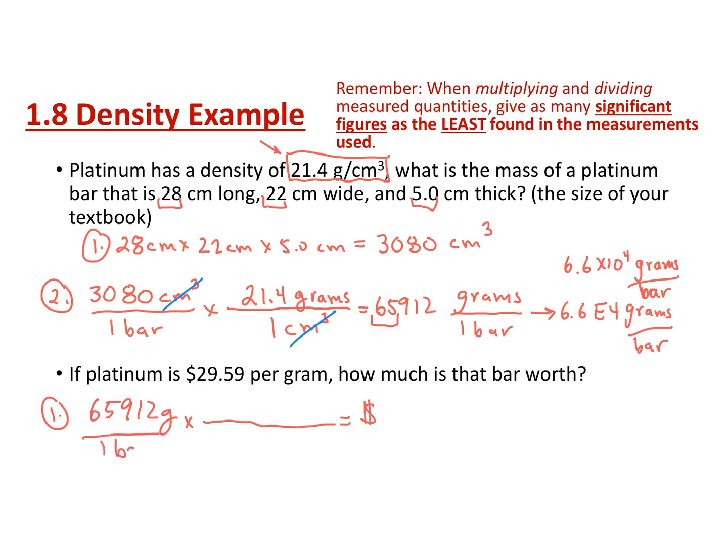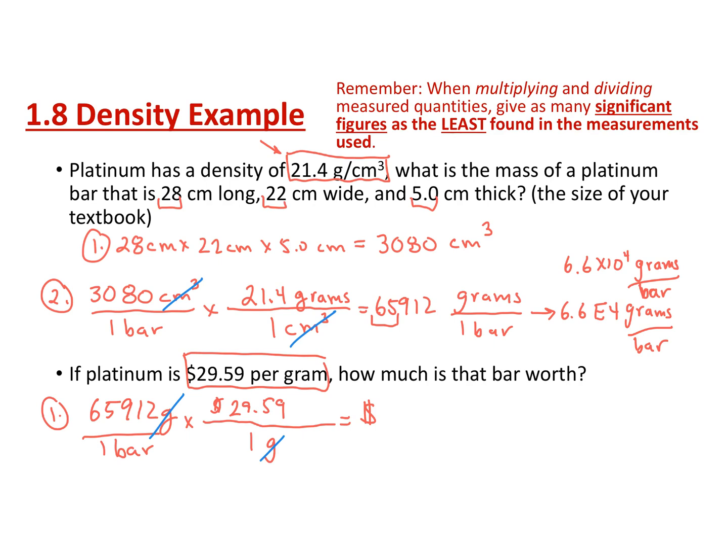So I have 1 bar, and here's my conversion factor. That bar is $29.59 per 1 gram. I multiply, grams cancel out, and that's going to leave me how much that bar is worth, the value per bar.